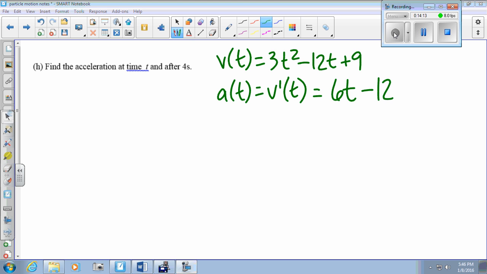Okay, so to find the acceleration after 4 seconds, we're going to just plug in the 4 to our acceleration equation.